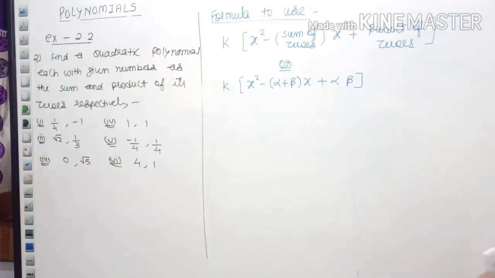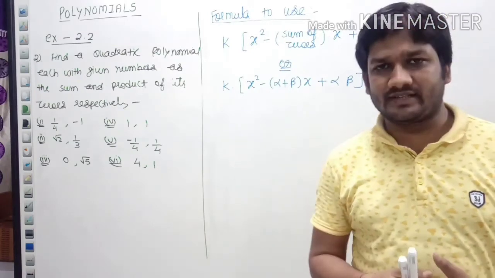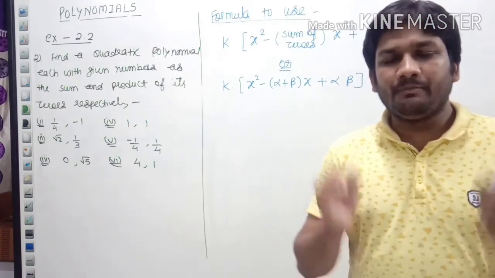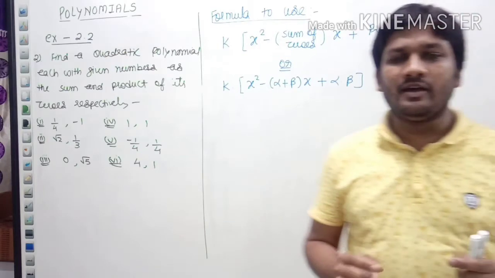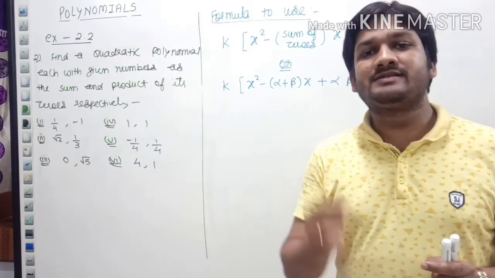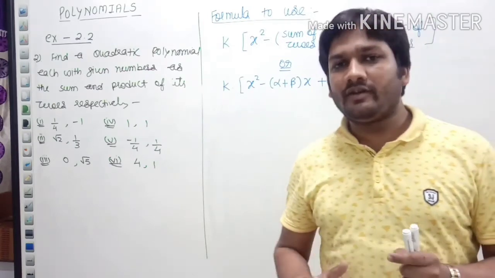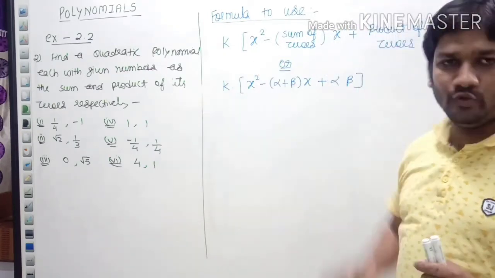Now we are going to discuss the second question of our exercise 2.2. In this question, the main structure is how to find a quadratic polynomial when the sum and product of zeros are given. Here I have mentioned the formula that we are going to use.